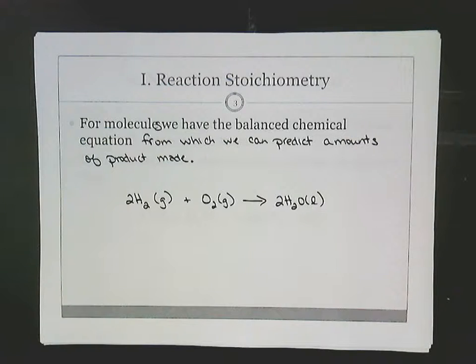First question, is this balanced? Yes, okay, good. So first step from here on out is going to be, is this equation balanced? Otherwise, everything you do from there on out is going to be wrong. First step, make sure it's balanced.